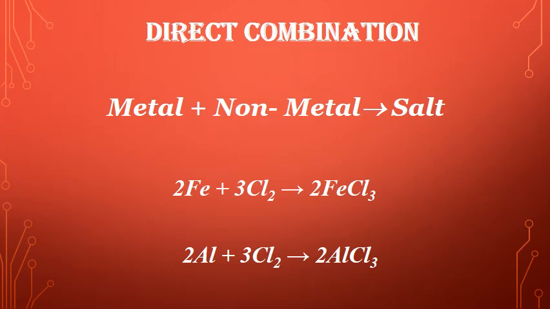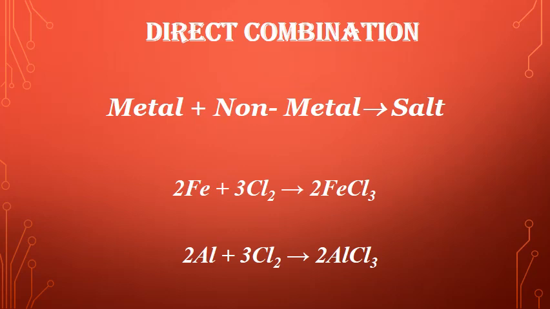Now a question usually comes to our mind. How is it possible that when iron reacted with chlorine, we got ferric chloride and not ferrous chloride? How will we understand when it will be ferrous and when it will be ferric? Usually whenever iron reacts with a strong oxidizing agent like chlorine, you get the ferric salts.